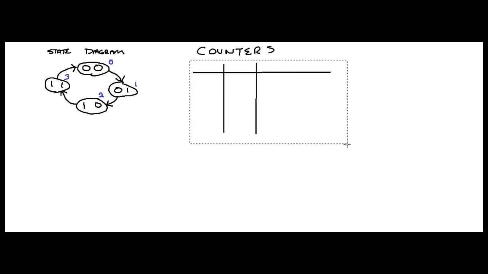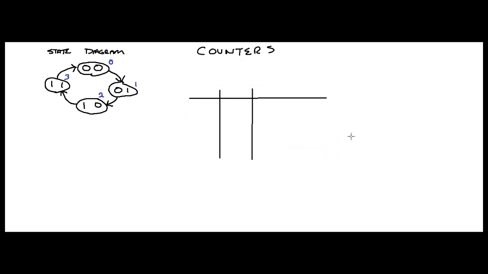This is going to be your present state. This is going to be your next state. And these are going to be your synchronous inputs.